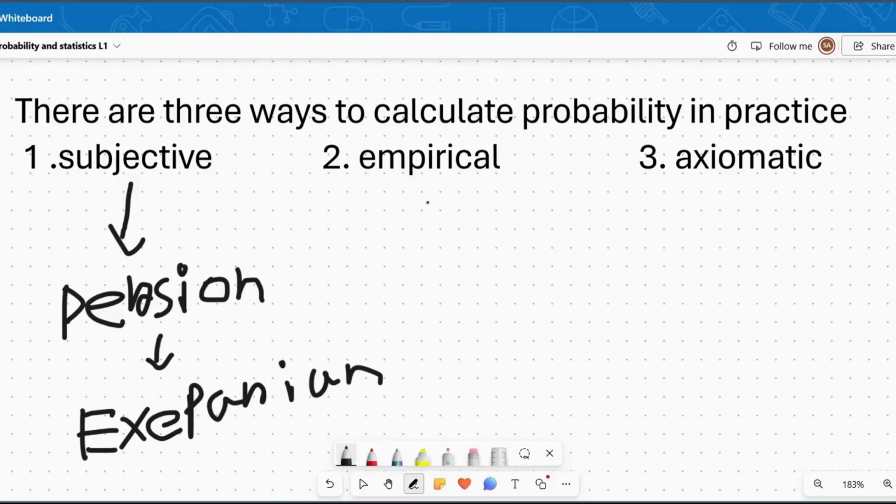Now talk about empirical. Empirical is basically collecting data and representing it. For example, we already talked about those 100 people. If you survey 100 people, 60% or 60 people love red.